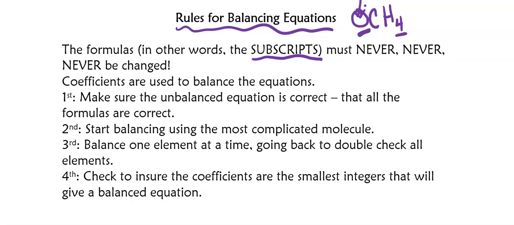Number 2, start balancing using the most complicated molecule. The one that looks more complicated would be the one that you'd want to start with. The third, balance one element at a time, going back to double check all the elements. Kind of like how I just showed you in that very quick example above. And number 4, check to ensure that the coefficients are the smallest integers that will give a balanced equation.